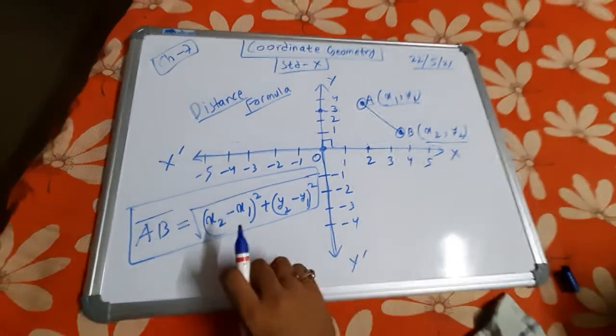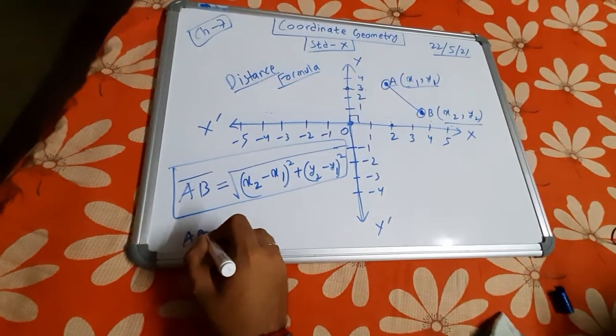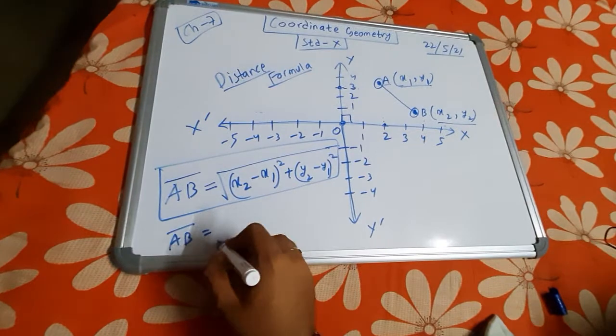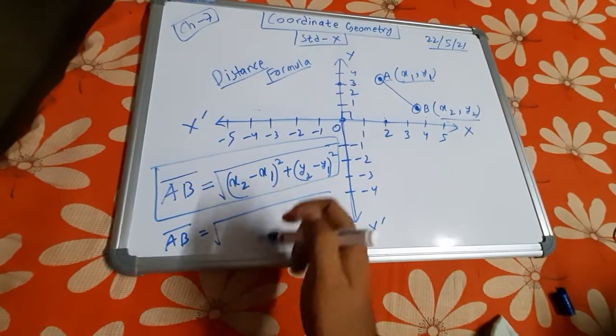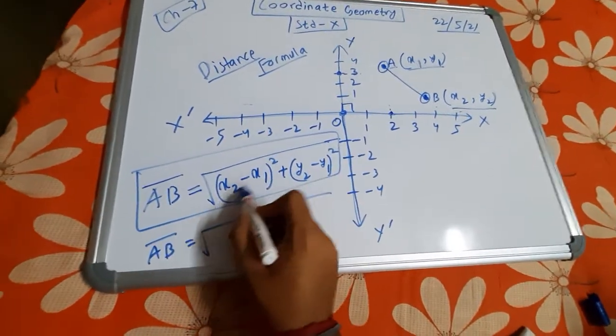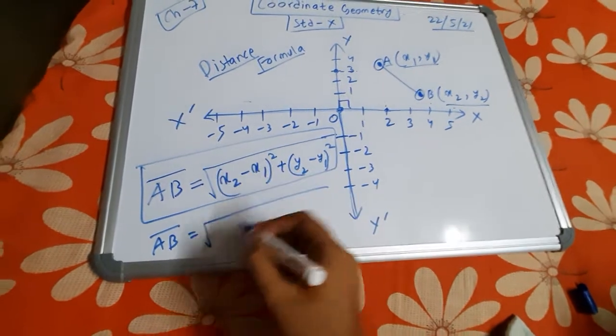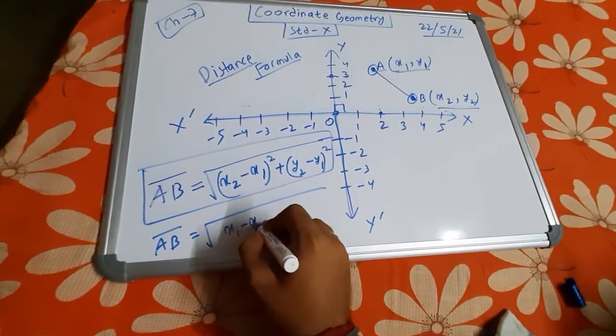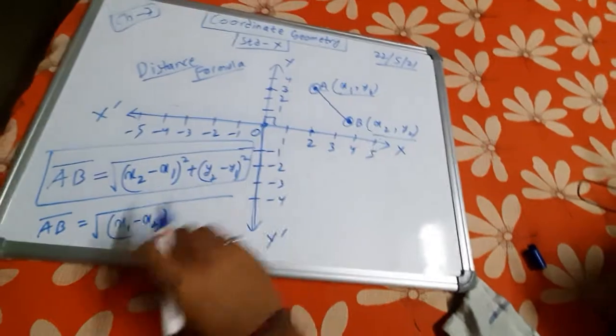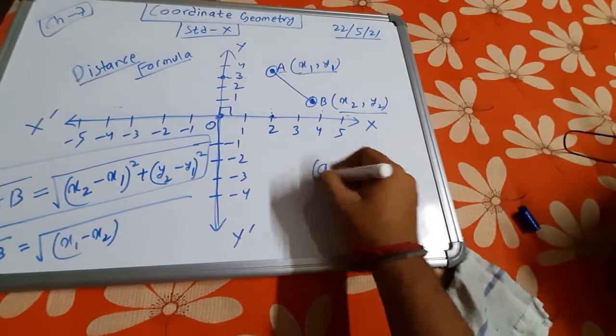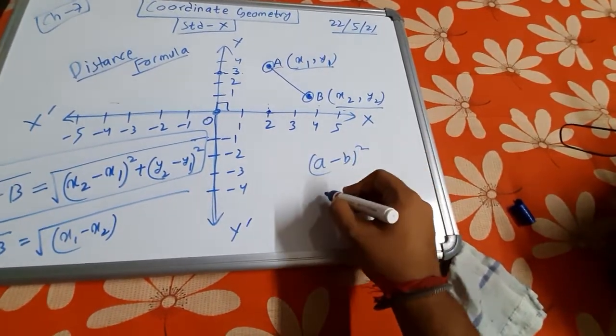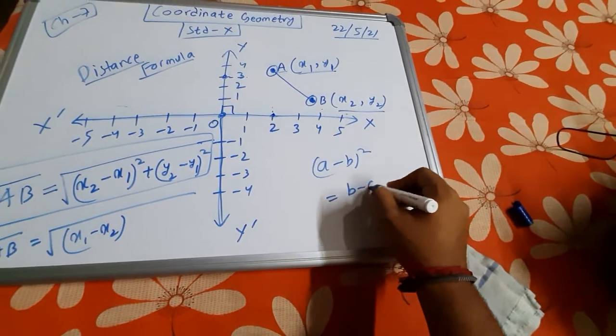Or you can also write AB as root over x1 minus x2 whole square plus y1 minus y2 whole square, just changing x1 and x2. Because there is a square, even if the expression is negative, the square will be positive, so it doesn't matter. A minus b whole square is equal to b minus a whole square.